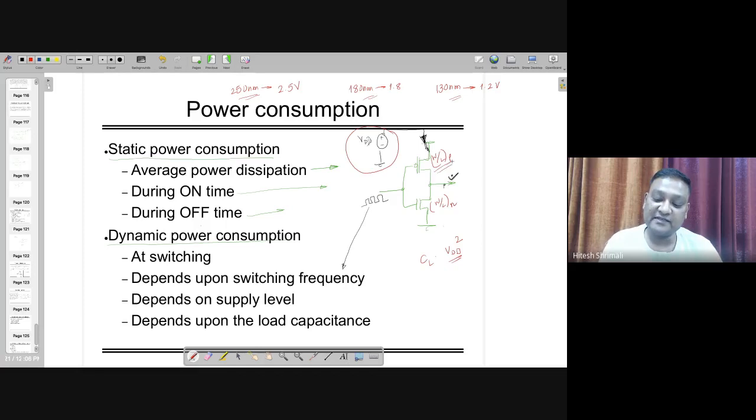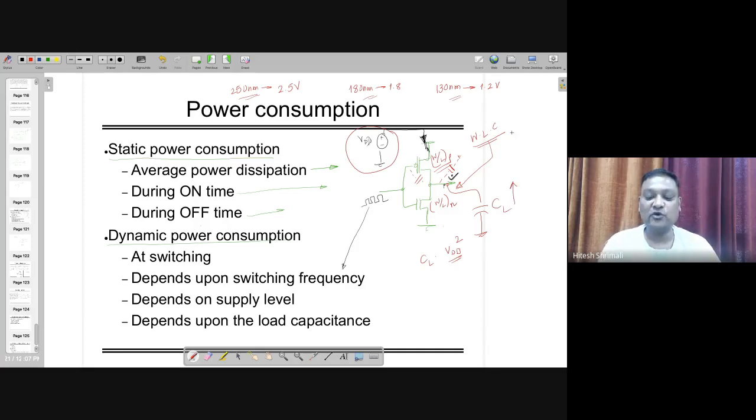As you are increasing this, the oxide capacitance or whatever capacitances are there, here at the output side you are going to see this capacitance and another one which is between source and body. Those capacitances all depend on width and length. So ultimately, whatever capacitance you are seeing here, which is acting as a load, is going to increase.